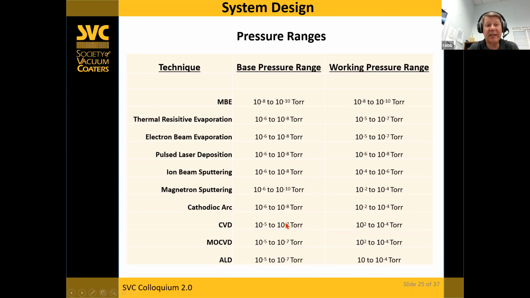So knowing which techniques work well is imperative in laying out a system. And that's not to say that we haven't seen a system that has magnetron sputtering and ALD working. It's just they're done in separate modules. So you might need a cluster tool if you need certain deposition techniques to work together or in sequence.